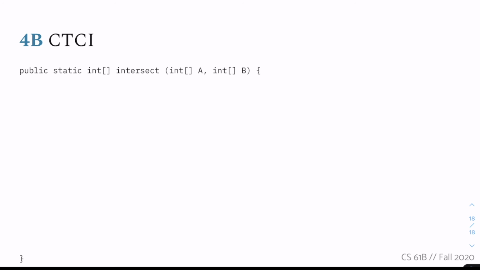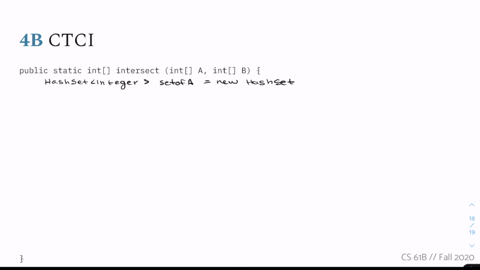So here we're going to actually get a little bit tricky. So first of all, we're going to instantiate two hash sets. So we'll say hash set integer, and this is going to be just set of A equals new hash set.